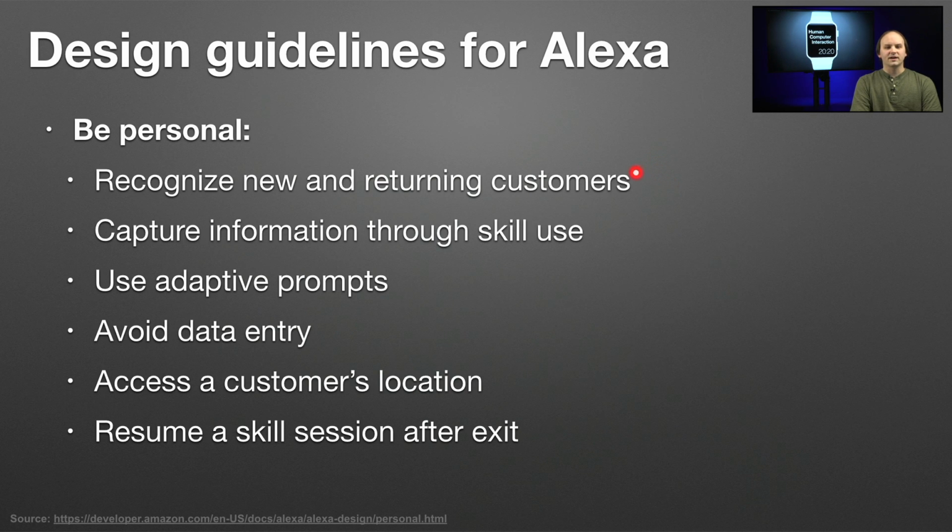So things like recognizing people who have used the device before, capturing information about their behavior without explicitly having to ask them verbally. The idea is to reduce the amount of verbal back and forth.